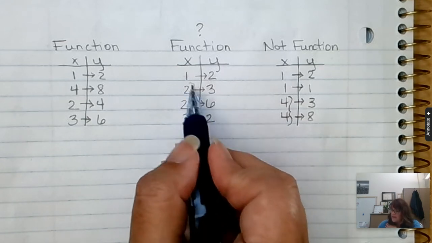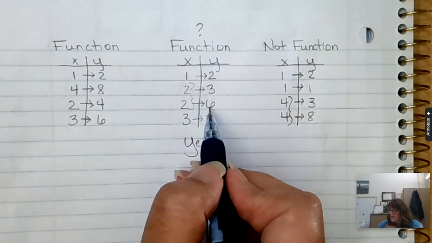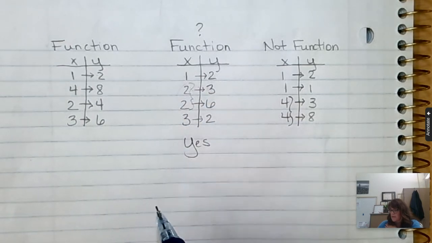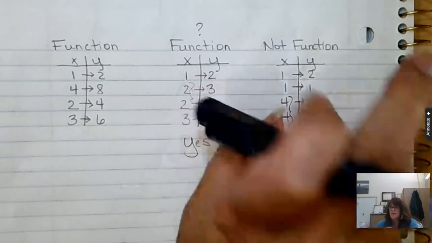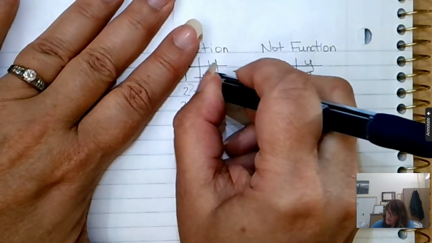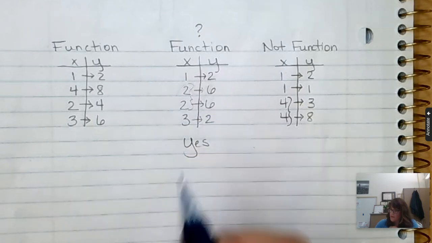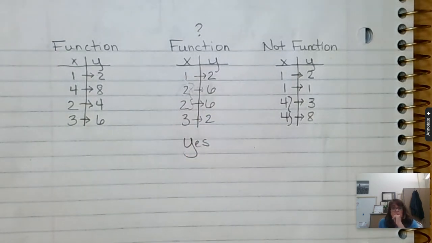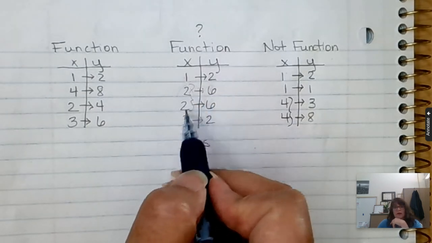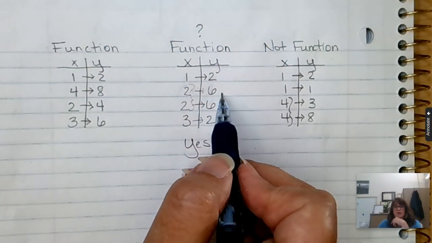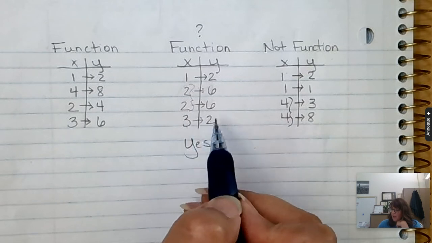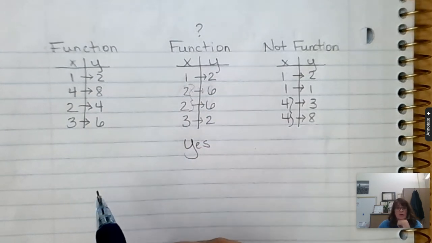But Stephen cannot have 2 different birthdays. That doesn't work. Stephen has to have the same birthday for it to be a function. But Bob and Joe can share a birthday.